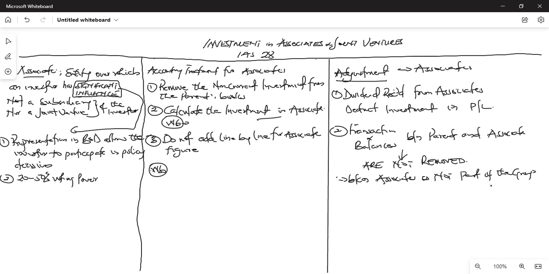The parent doesn't actually own it. He just has significant influence. So any balances, any transaction between them are not eliminated. Note that.